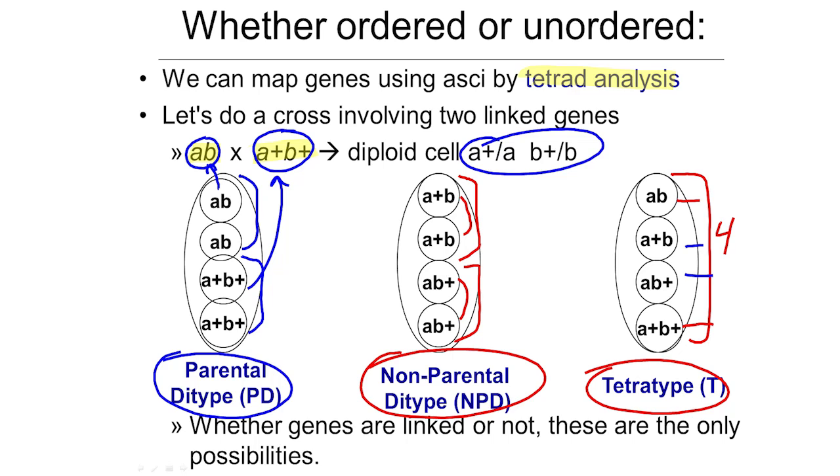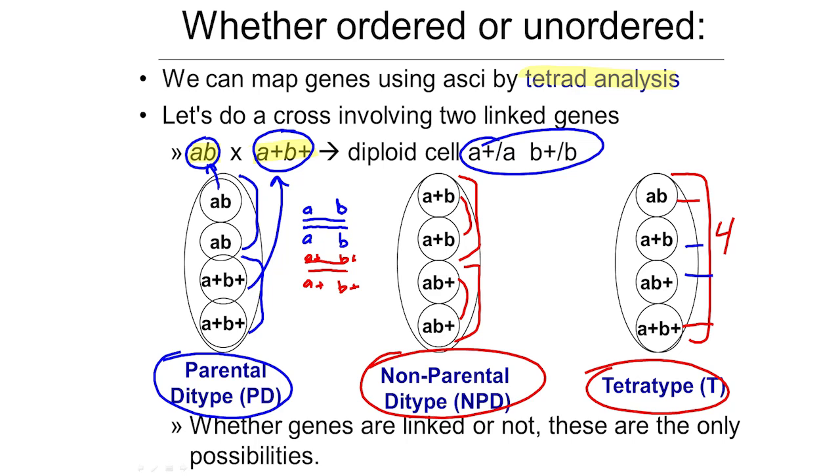And right now, for the record, let's think about linked genes, all right? A and B. So remember, we drew this once before, and we wanted to emphasize that when crossing over actually does occur, it occurs at the stage that's a tetrad.